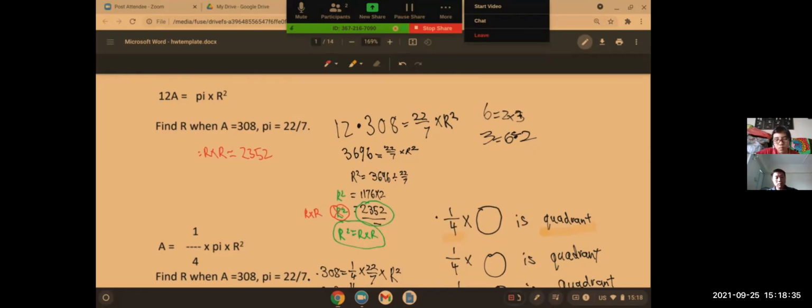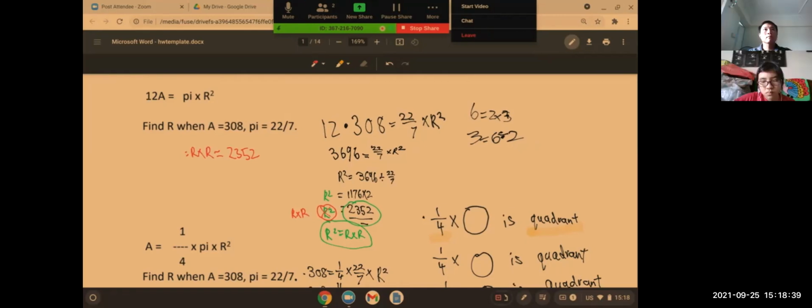Okay, let me, hold on. Let me do a screenshot. You don't even know which one is the square root. That's your big problem.